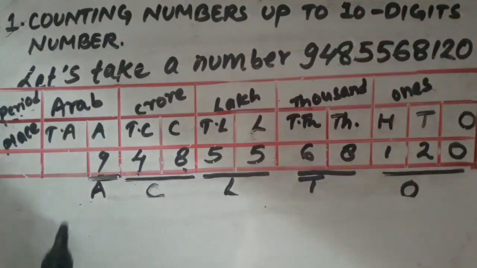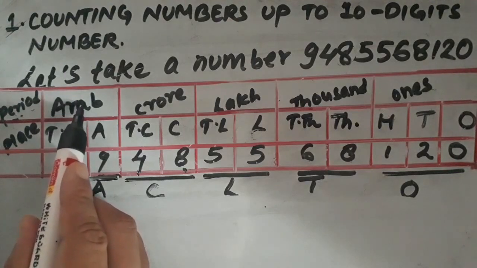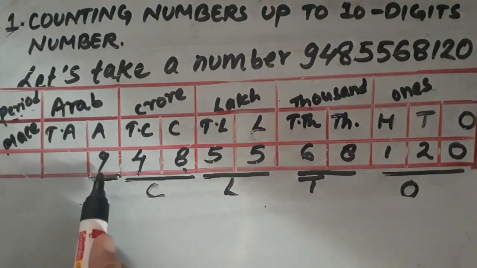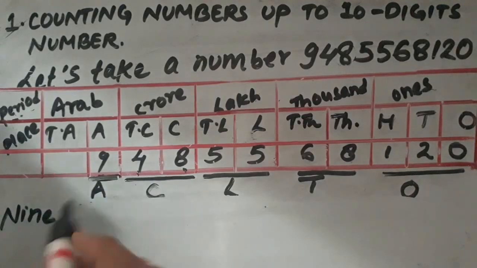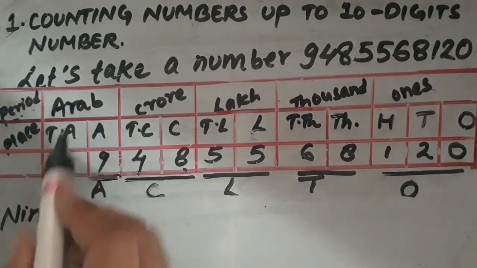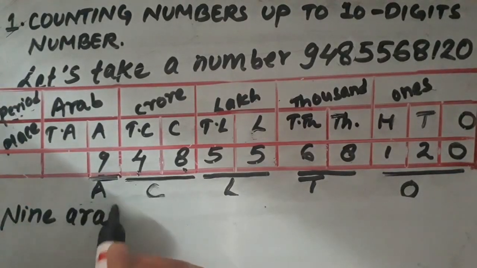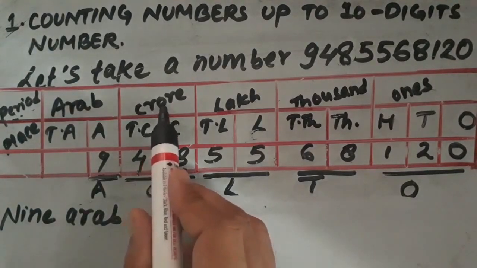Okay, so let's first see in the period of Arab. Period of Arab consists only one digit, that is 9. So let's write 9. So 9 comes under the period of Arab. So therefore we write 9 Arab. Similarly, let's come to crore.